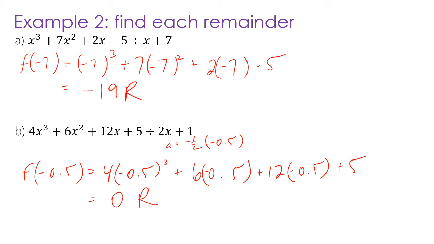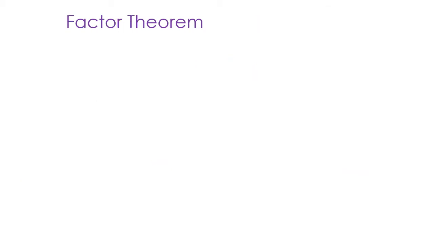0 remainder. What does that mean? If there's no remainder left, that means that it's a perfect factor. It divides evenly. Anything that gives you 0 remainder divides evenly. So there's an extension of the remainder theorem, which is the factor theorem.